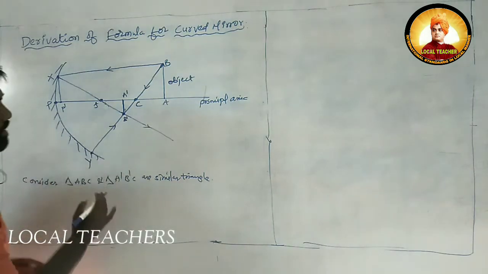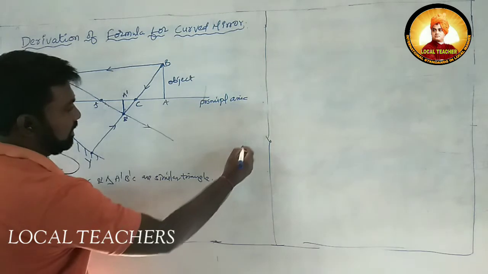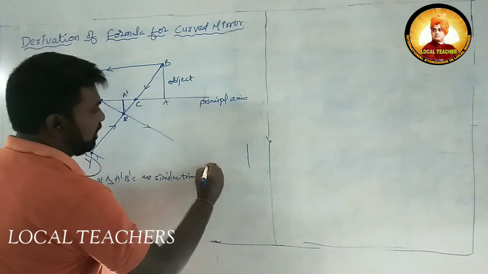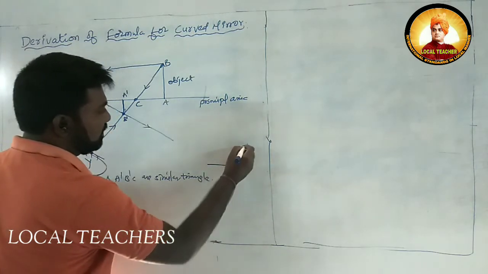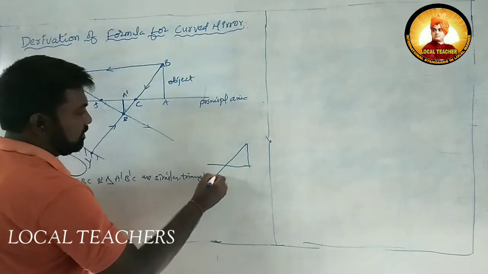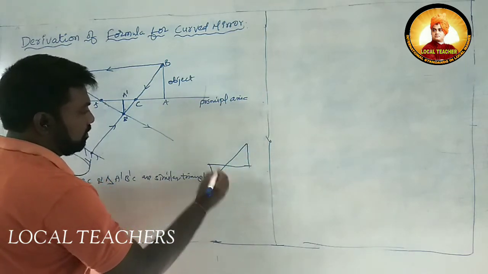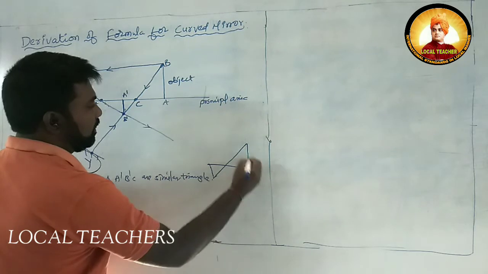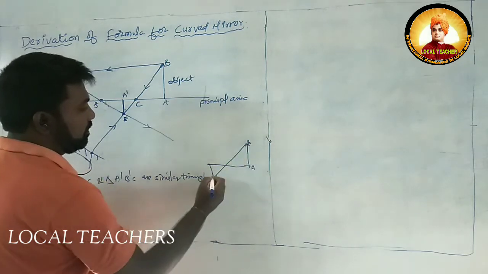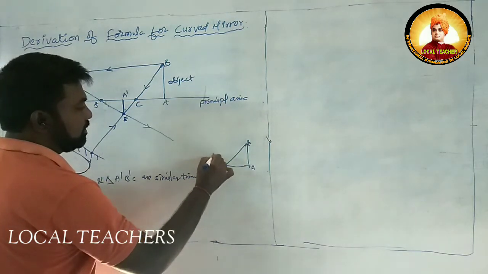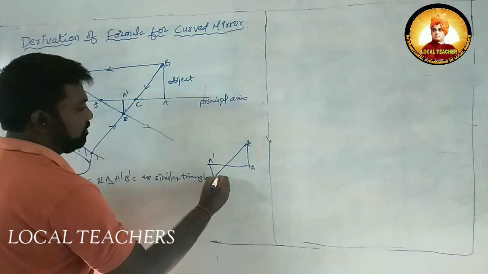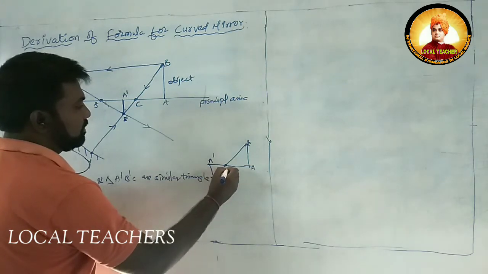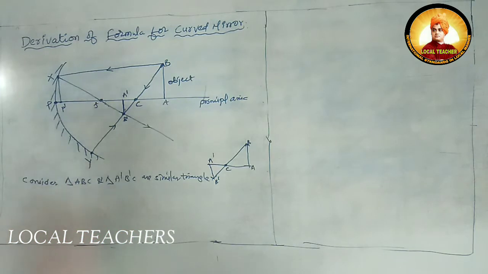Just for understanding, I will bring that triangle outside and draw it in a small size like this. Here A, B, here A dash, B dash, and here the center is C. These are similar triangles.